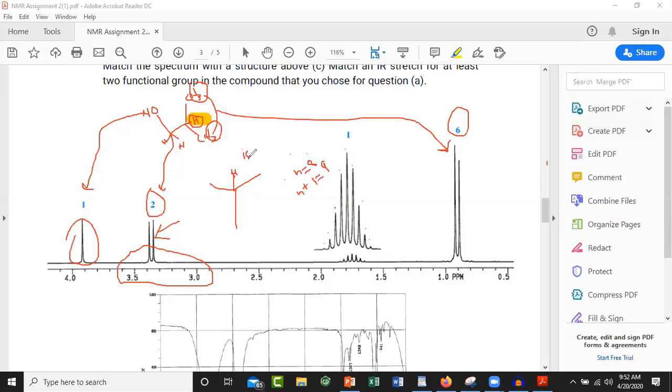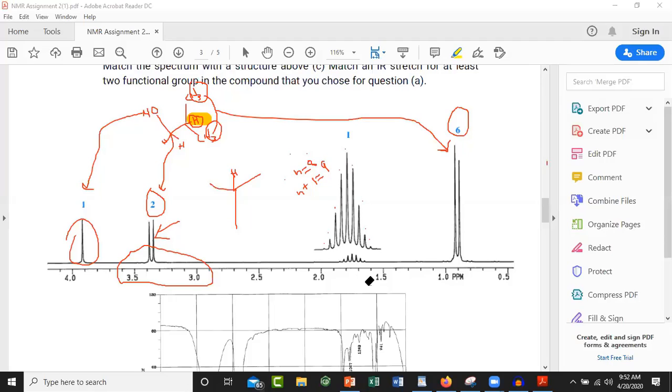And knowing that splitting pattern is common for that functional group. Right, so that's an isopropyl type proton. It's always going to show up as a multiplet, and it's always going to show up somewhere between 0 and 2, right? Because it is a typical alkyl proton.